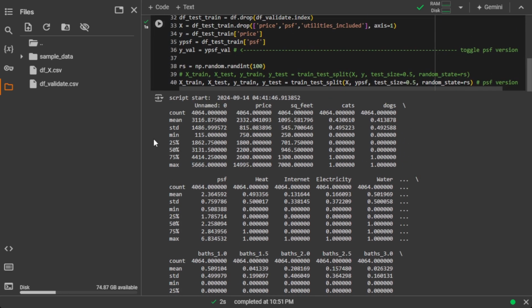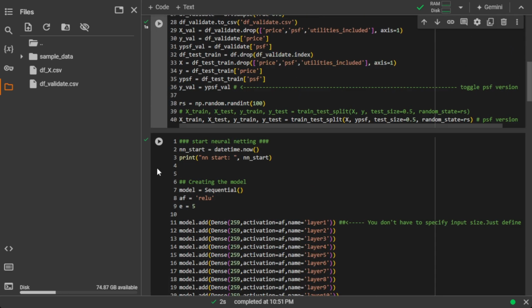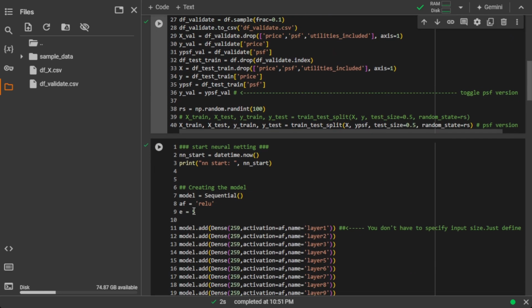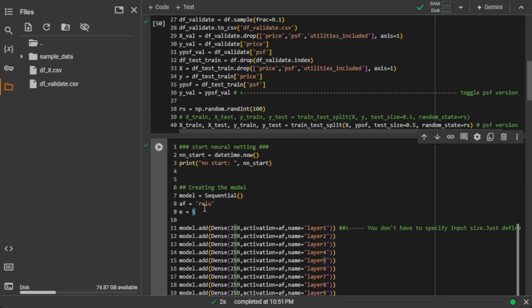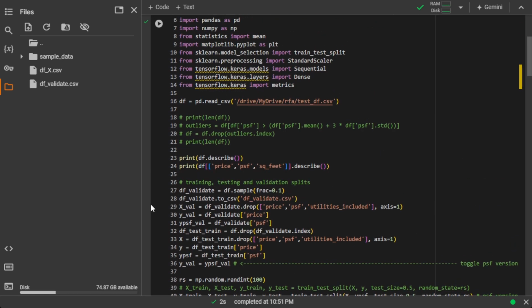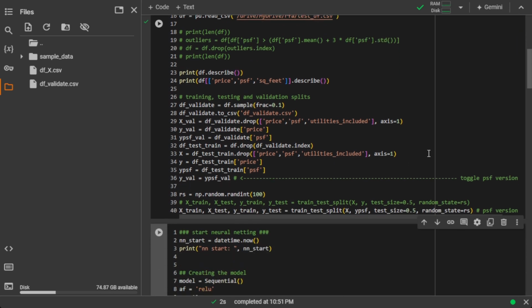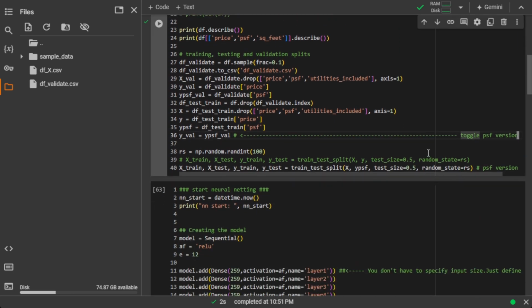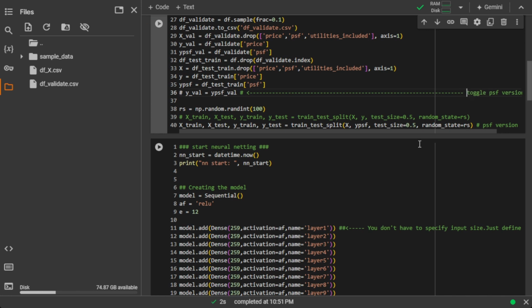But before we wrap it up, actually, let's just do one more example with the actual rents instead of the per square foot rent. So here I've got this one. Okay, so we'll comment this one out.